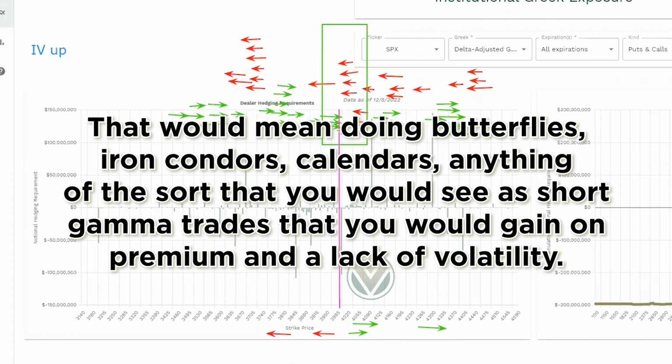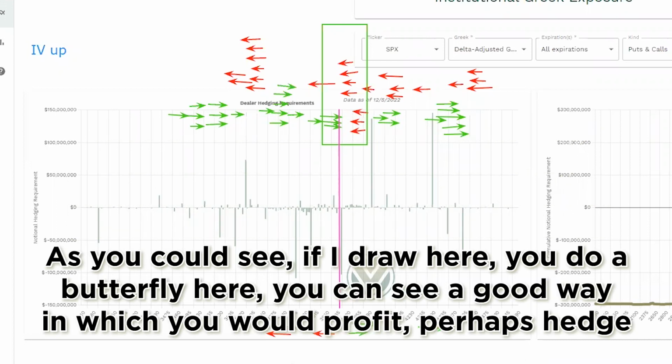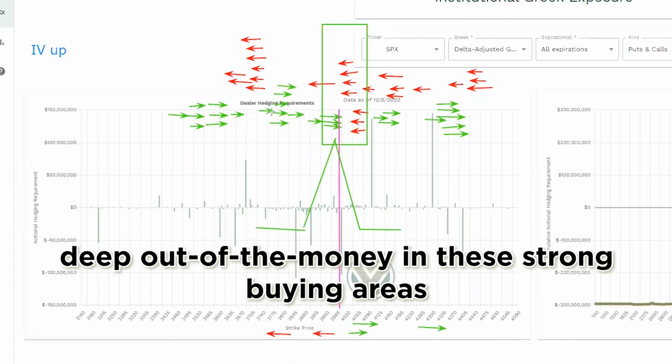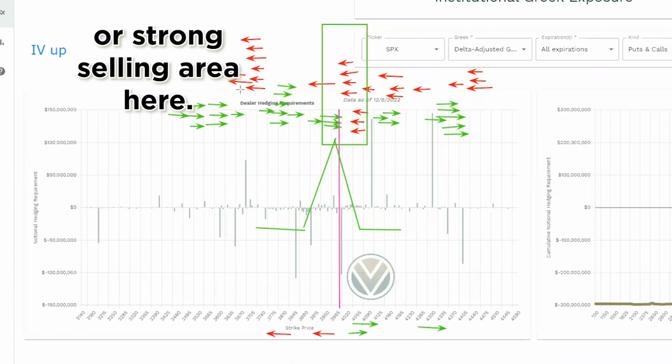That would mean doing butterflies, iron condors, calendars, anything of the sort that you would see as short gamma trades that you would gain on premium and a lack of volatility. So as you can see, if I draw here, you do a butterfly here, you can see a good way in which you would profit, perhaps hedge deep out of the money in these strong buying areas or strong selling areas here.